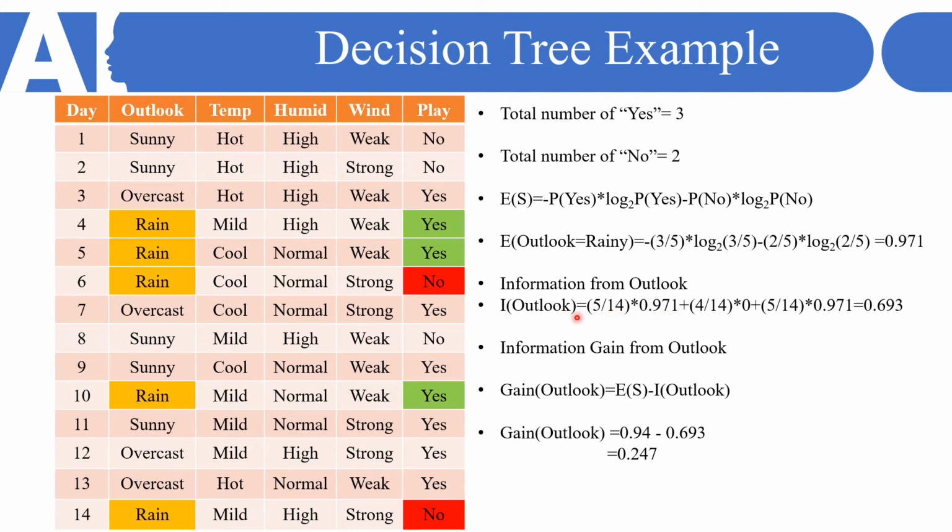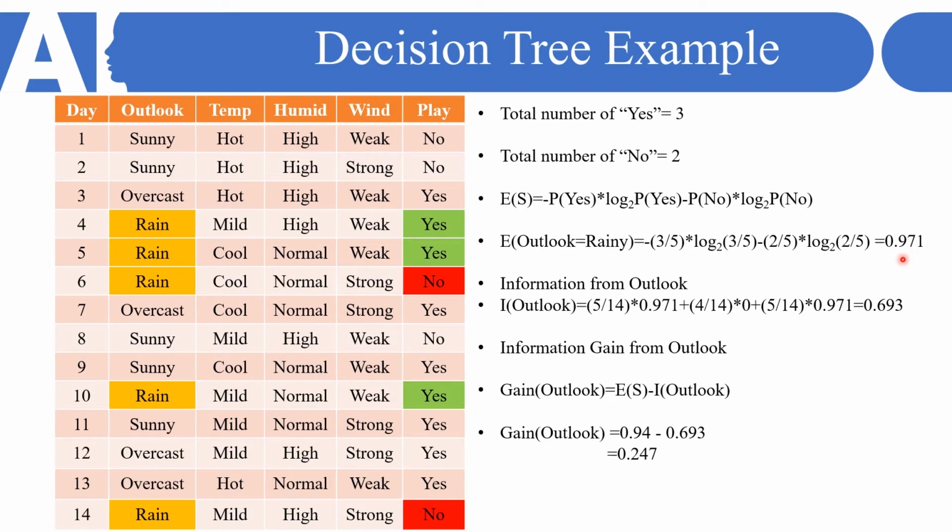This value is for the sunny. For sunny, as we have seen, there are 5 combinations, 1, 2, 3, 4 and 5. So 5 by 14, total number of outcomes are 14, into whichever entropy we calculated previously. For rainy it is also 0.971. For sunny also it was 0.971, and for overcast it was 0.